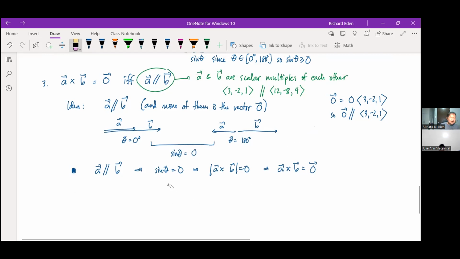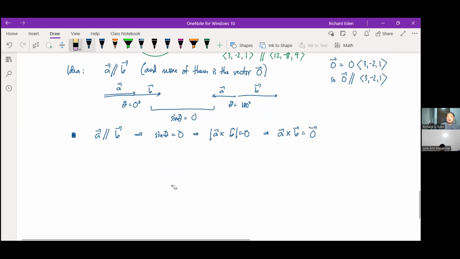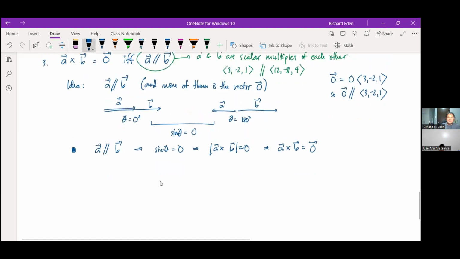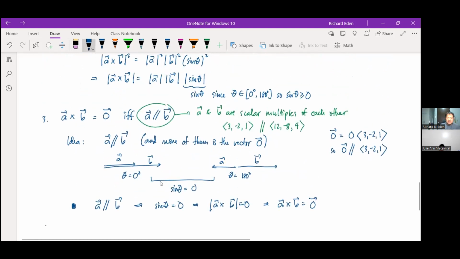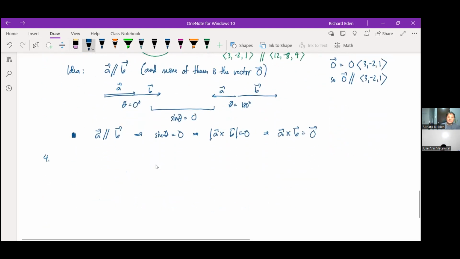And earlier you were talking about parallelograms, and actually the area of a triangle. So here's number 4.